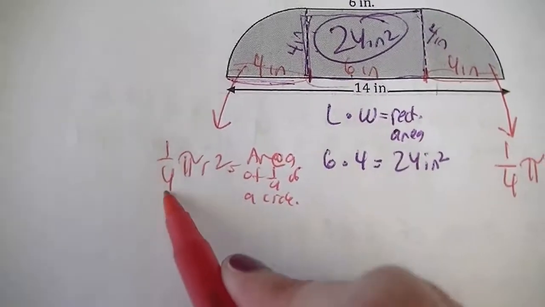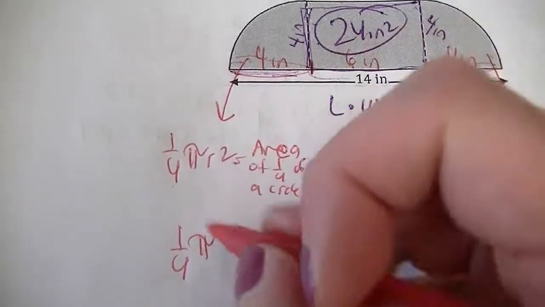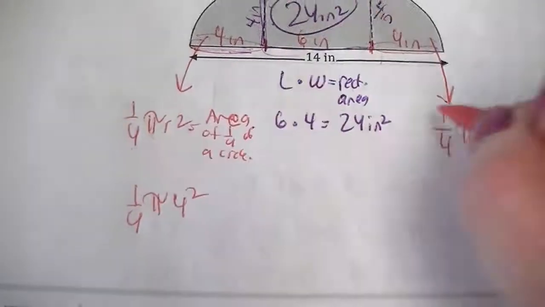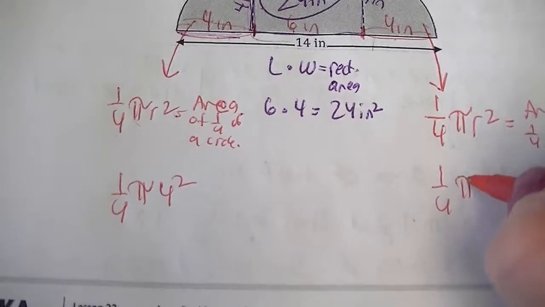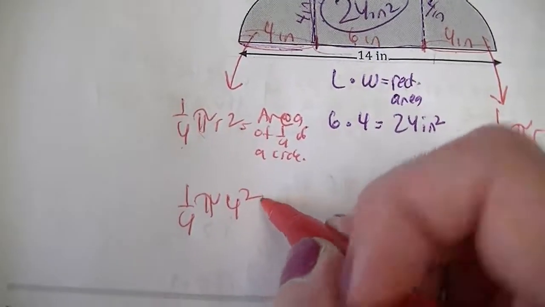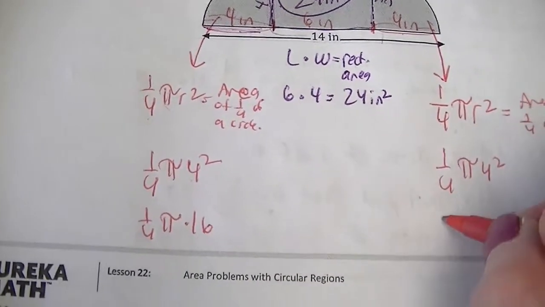So 1/4 pi, and then the radius is 4. Got to square it, 4 to the 2nd power. I'm going to do the same thing over here, because they are equal to each other. 4 times 4 is 16, so 1/4 times pi times 16.